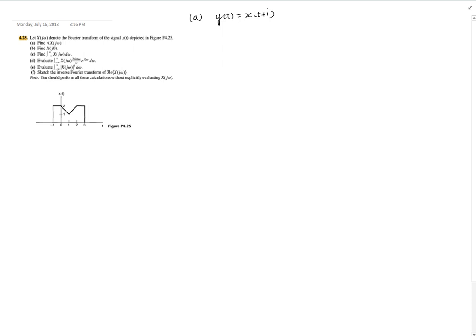We might as well call it y(t), a new signal. And y(t) is real and even. So from our property, we know its Fourier transform will be real and even. This is from our property.